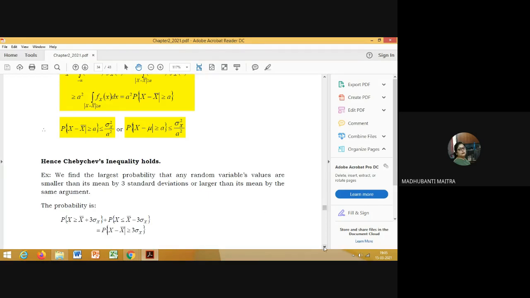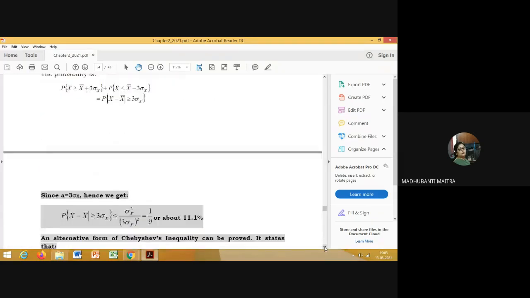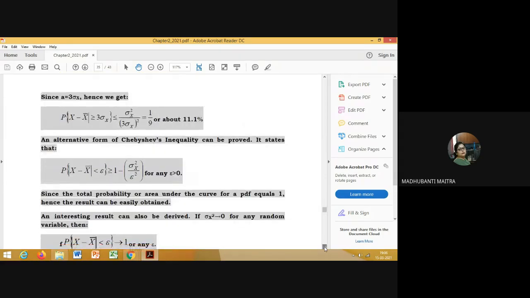And we know that the total probability, that is the probability of this event plus the probability that mod x minus x bar is less than a, will be equal to 1. Yes or no? Yes, ma'am.